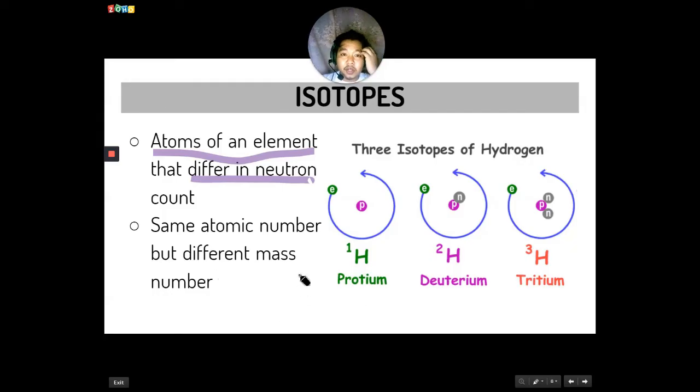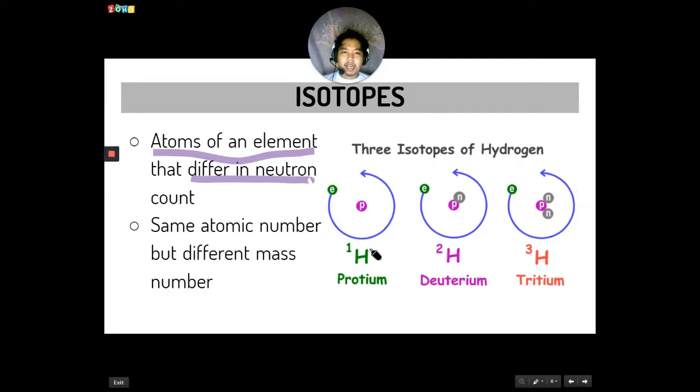Now, I want to focus on one of the most common examples, yet the most different example among all the isotopes. Kasi later, we'll talk about chlorine with few differences in neutrons. But I want to emphasize na hydrogen. We've learned in the early universe that hydrogen was the very first element, a proton capturing an electron.